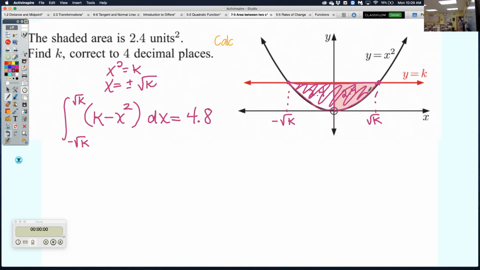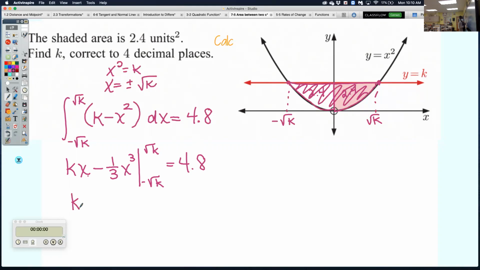When I take the antiderivative of a constant k, it becomes the constant times x, and the antiderivative of x squared is 1/3 x to the third. We are going to evaluate this from negative square root of k to positive square root of k, and again, the area should equal 4.8.